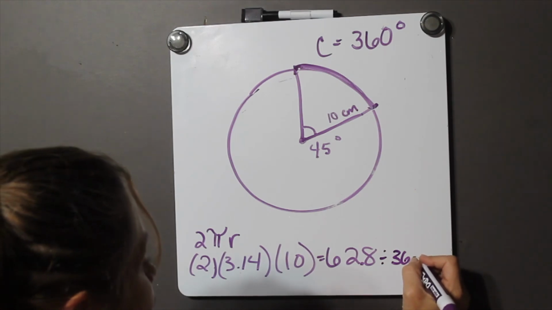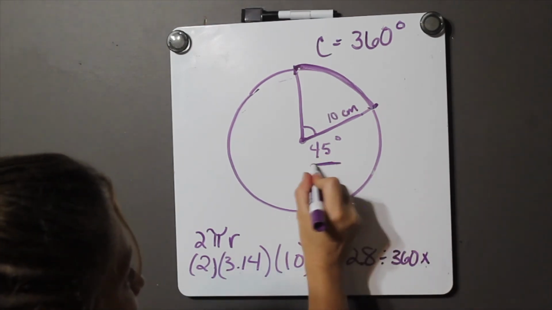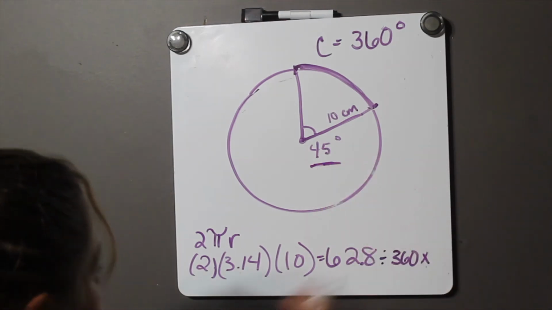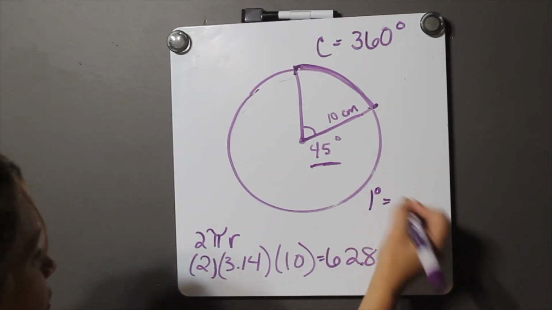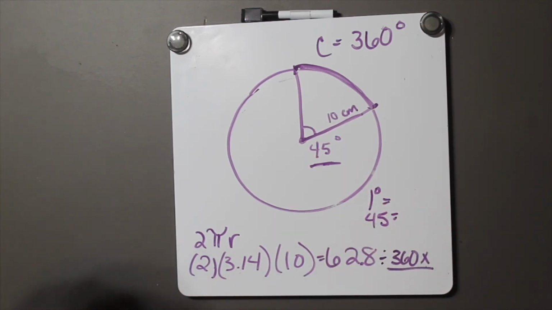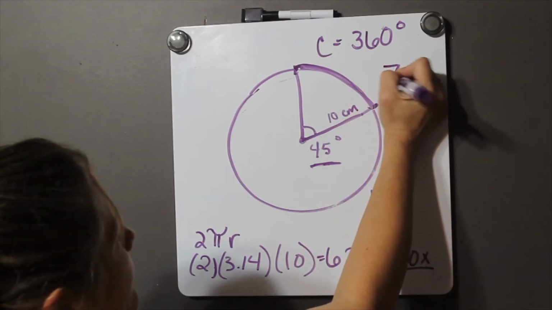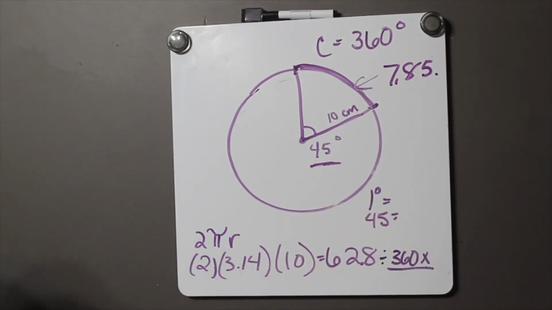And then we're going to multiply it times whatever this is. So we want 45 of those degrees. Alright, so when we divide it by 360, it tells us what 1 degree equals. But we want 45 degrees, so we're going to multiply that 1 degree by 45. And we get 7.849. So 7.85 is going to be how big that is.